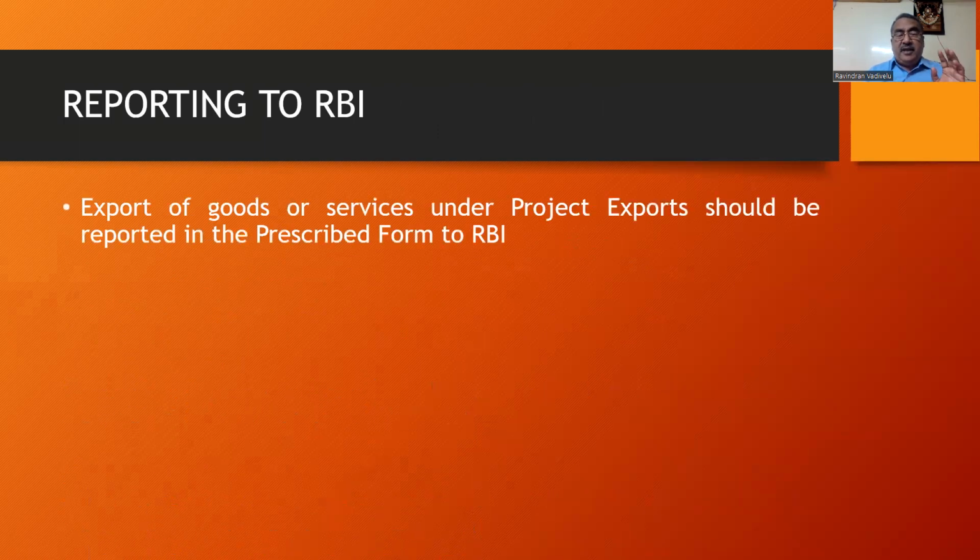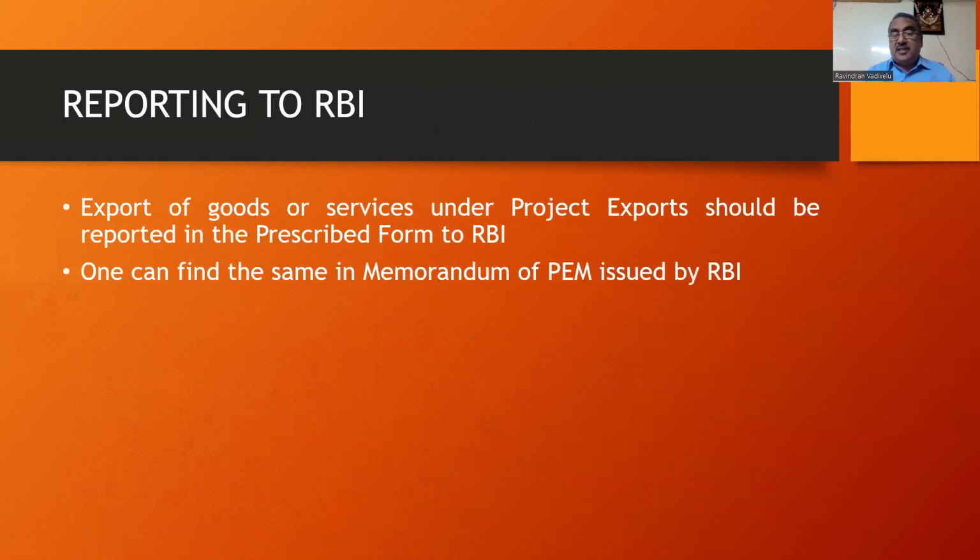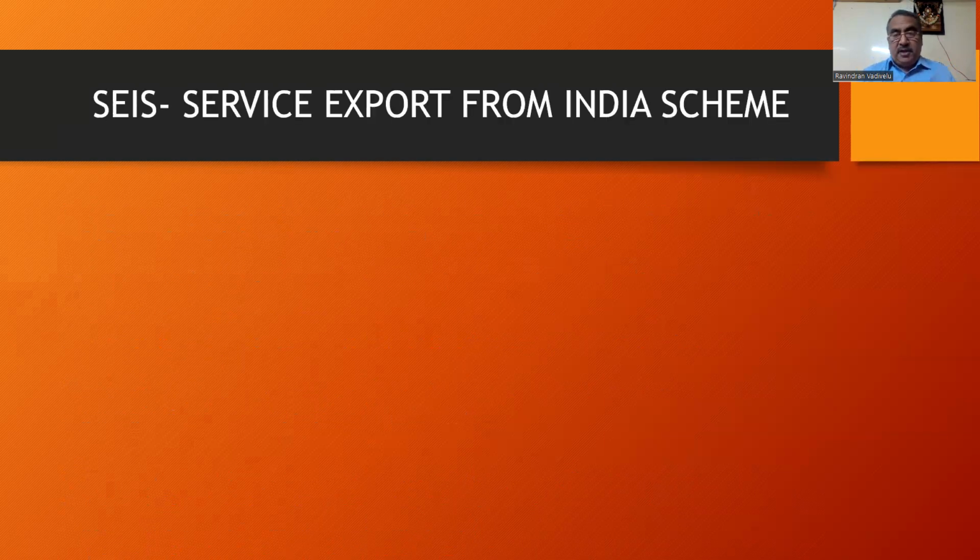Anything that is export of goods or services, and project export, should be reported in the prescribed form to RBI. This form is clearly stated in the FEMA master direction issued by the Reserve Bank of India. There you can find the form. So this has to be reported to RBI. When you are doing export of goods or export of services, you will normally get duty drawback.